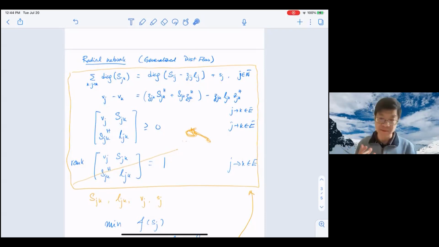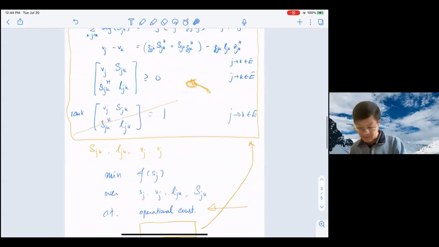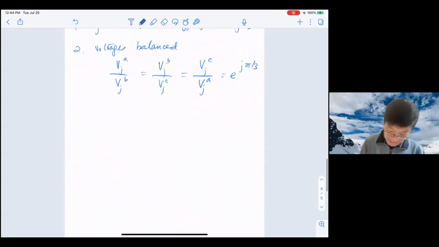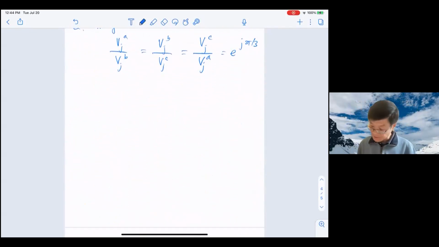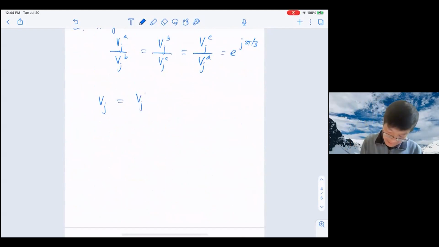The second assumption, the fact that the voltages are balanced, allows us to compute the off-diagonal entries of S_jk from its diagonal entries. That's the purpose of the second assumption. So let me maybe elaborate on that a little bit. Because of this assumption, we can write V_j. V_j's three-dimensional vector is determined really by a scalar. Let's say V_j of A, right?